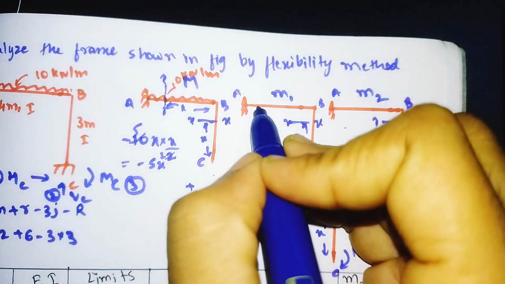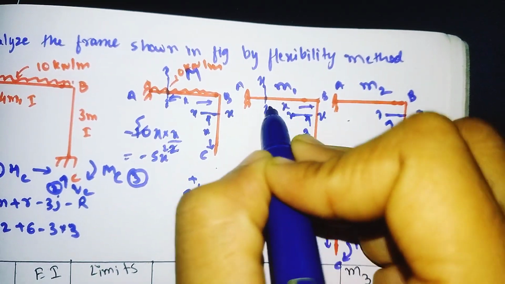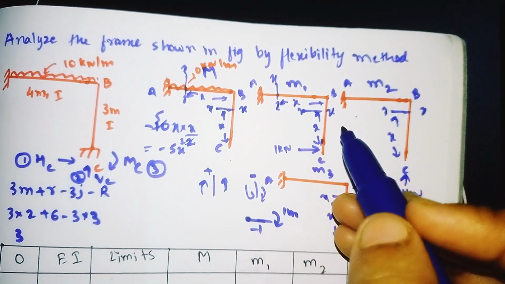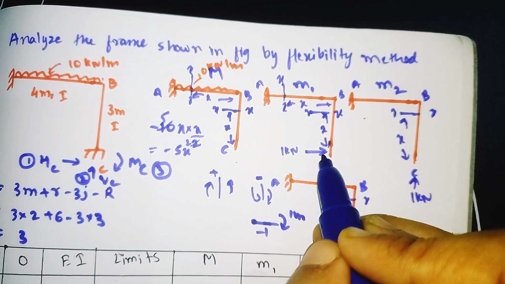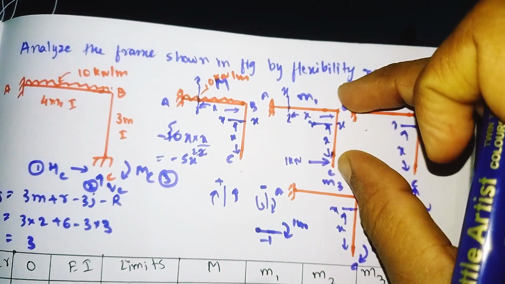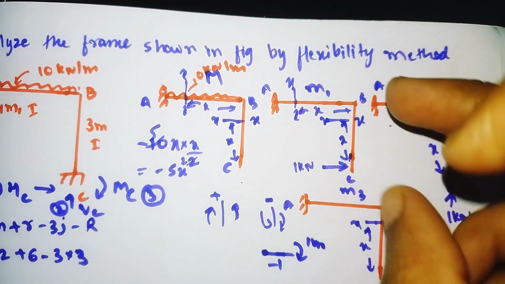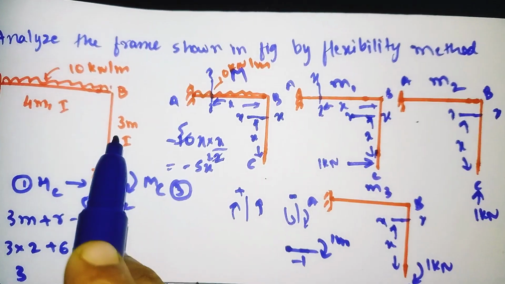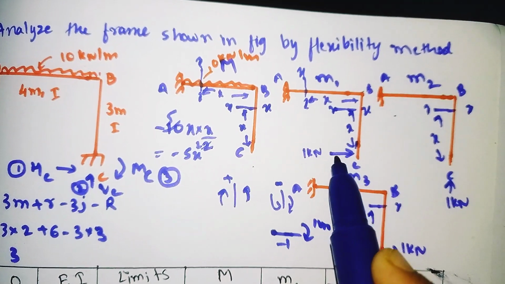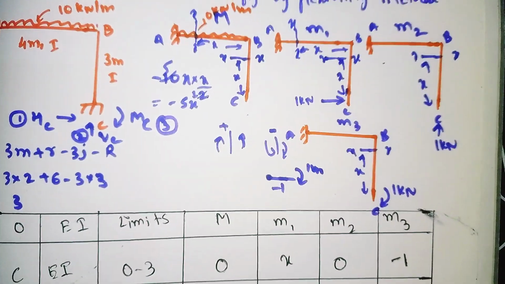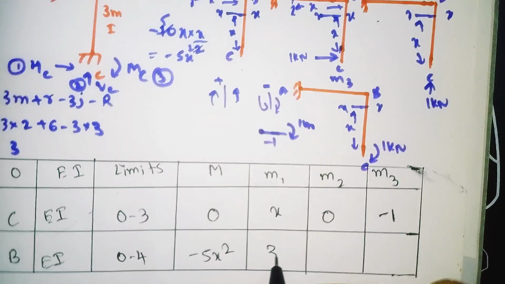Similarly for M1, if you cut the section x-axis far away from the origin B at a distance of x, what is the perpendicular distance of the 1 kilonewton? This BC is perpendicular to 1 kilonewton. BC has a length of 3 meter. So our M1 becomes 3. It is going upward, so we need to take the positive. The value becomes 3.